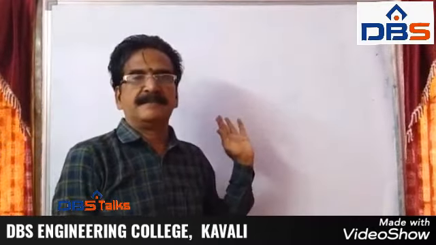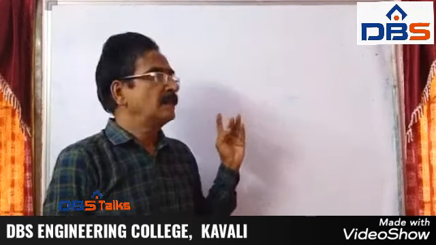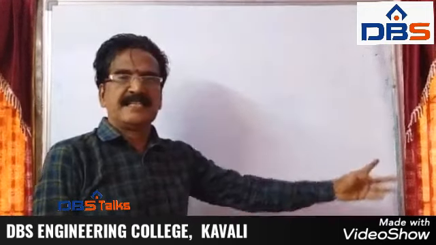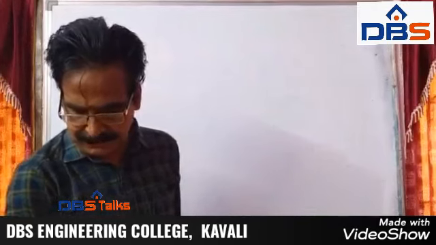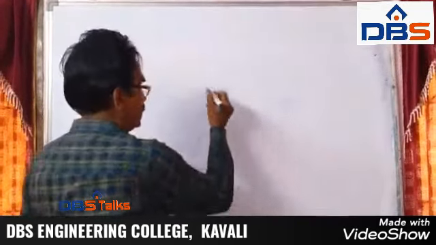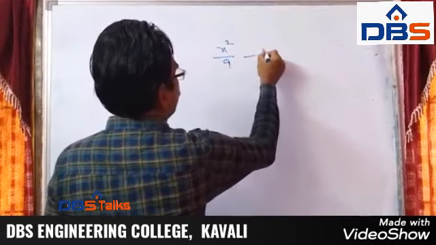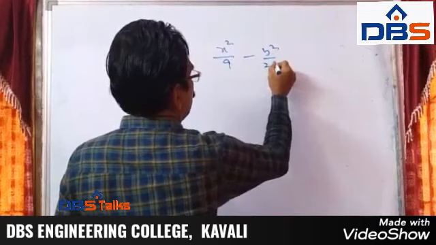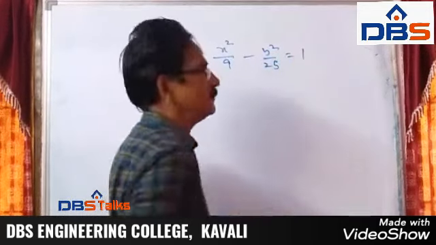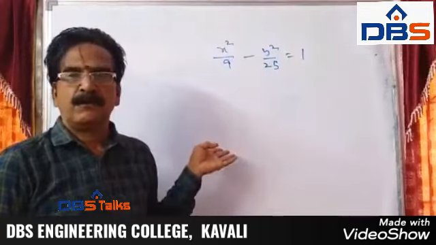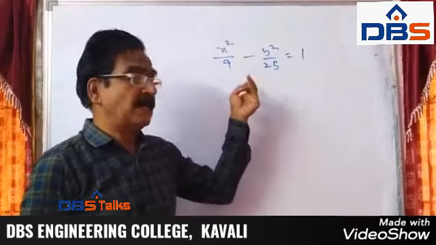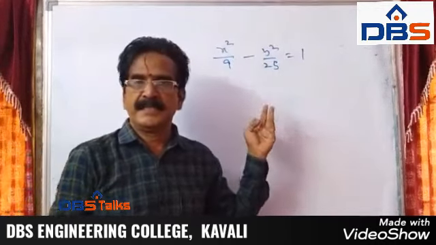This is the continuation of this problem: x square by 9 minus y square by 25 is equal to 1. Now we have calculated the vertices and foci.